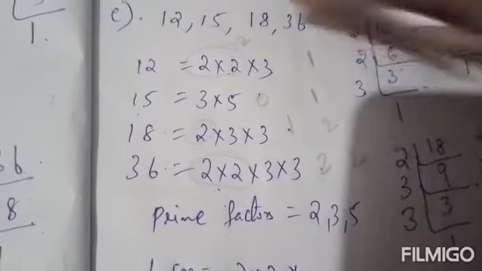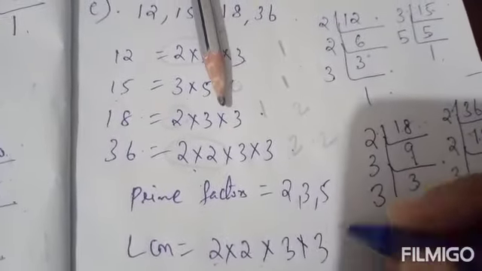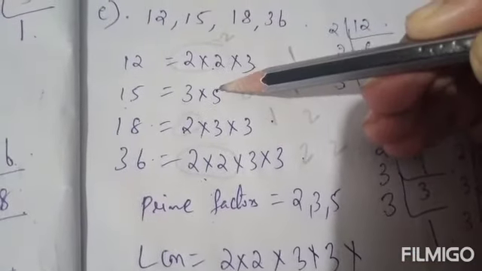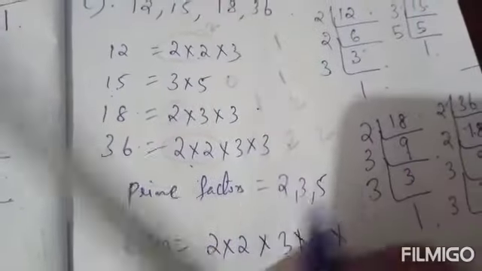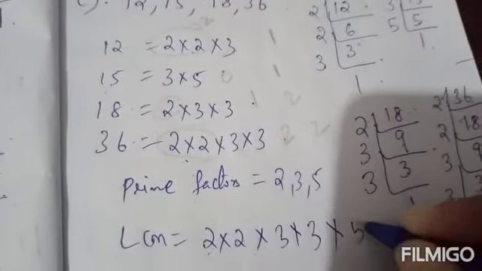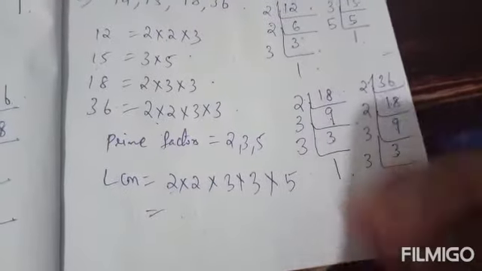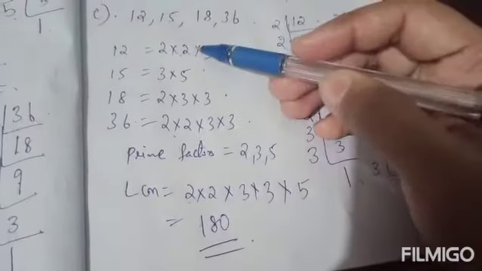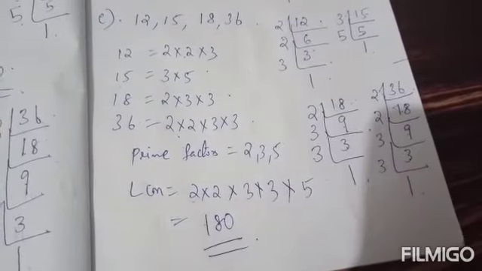Okay, so in LCM also 3 will come 2 times. Now 5 is coming 1 time in 15 only. So in LCM also 5 will come 1 time. Okay, you will get 180. LCM of 12, 15, 18 and 36 is 180.